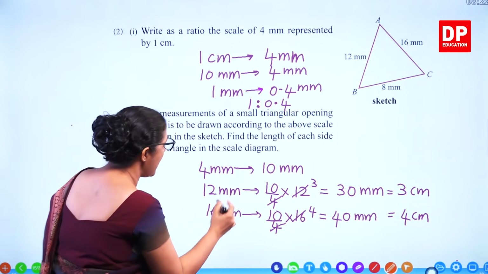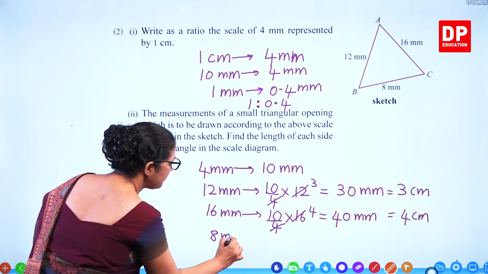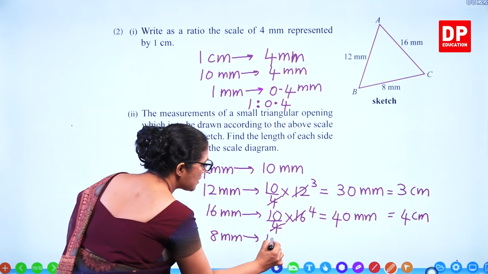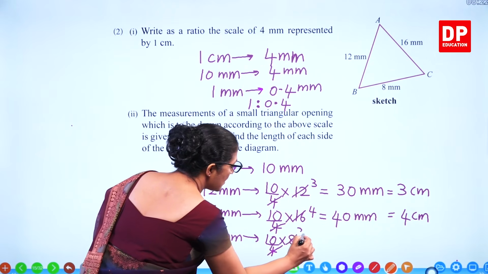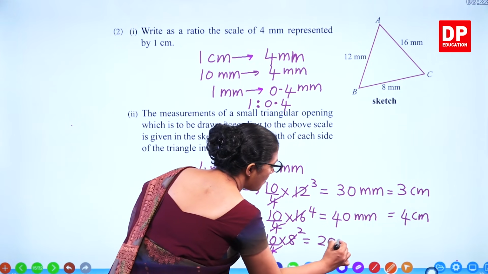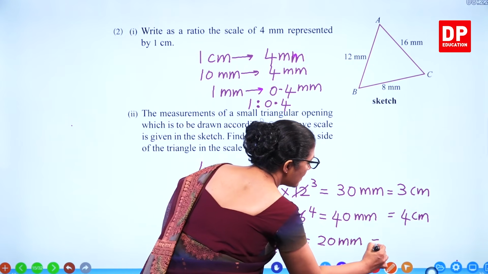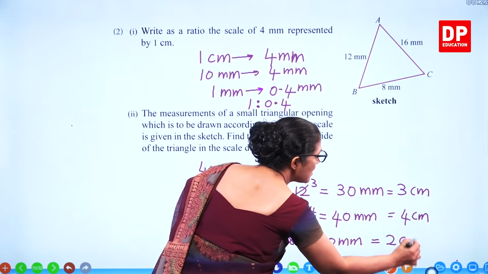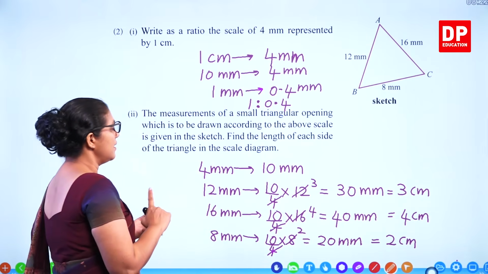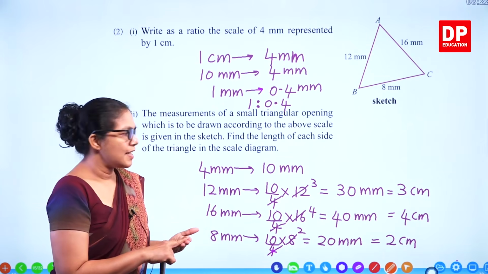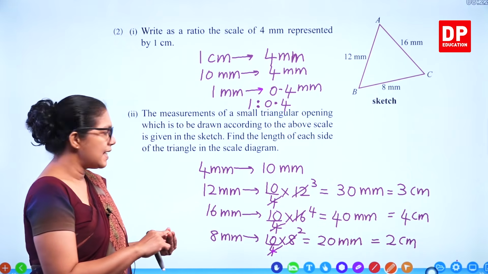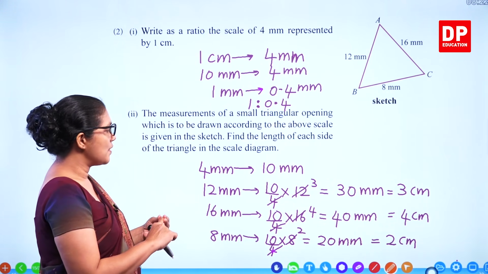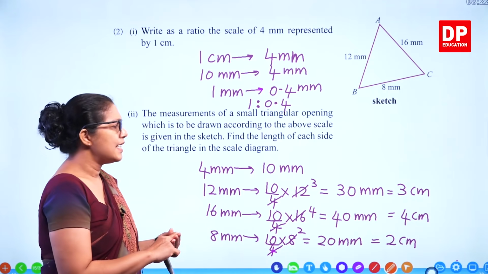Then the last one, 8 millimeters. 8 millimeters means 10 divided by 4 times 8. That's 20 millimeters, that's 2 centimeters. So these are the lengths. 12 millimeters means a 3 centimeter length. 16 millimeters we can take as a 4 centimeter length, and 8 millimeters we can take as a 2 centimeter length.